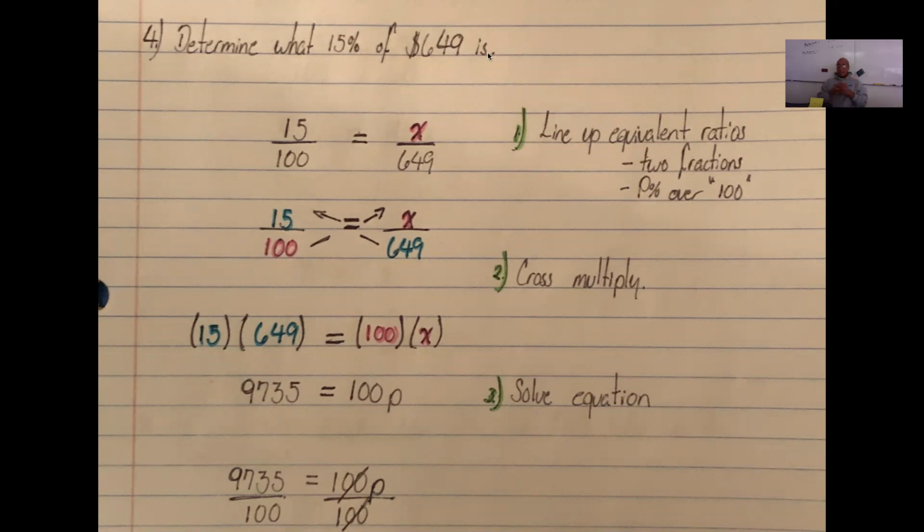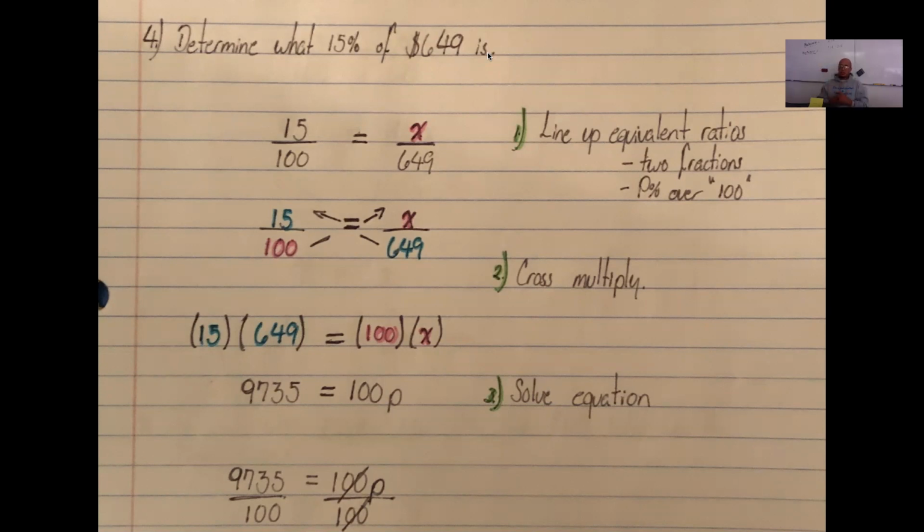Now, ladies and gentlemen, I imagine that you've been to a store, and you've seen a sign over something that says 15% off or 30% off or whatever. By the end of this lesson, you should be able to calculate what the new price is, because you're obviously not going to buy it at full price. You're not buying it for 100%. You're buying it for some percentage off of that.